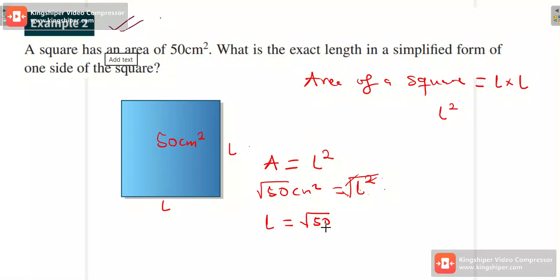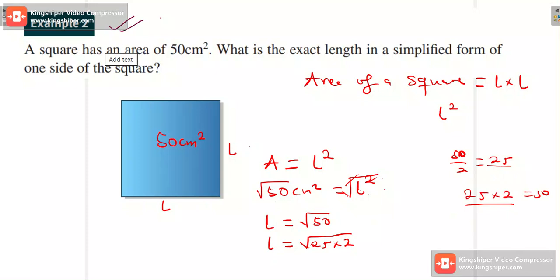So we have gotten the square root of 50, and we need to find that value. 50 divided by 2 will give us 25, and 25 is a perfect square. Therefore, 25 times 2 will give us 50. So we can write that L is equal to root of 25 times 2.